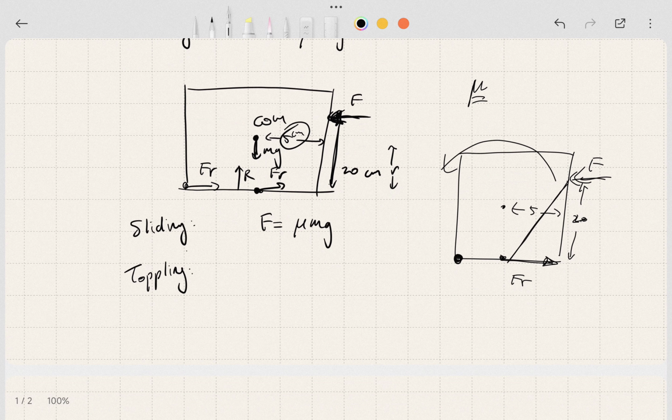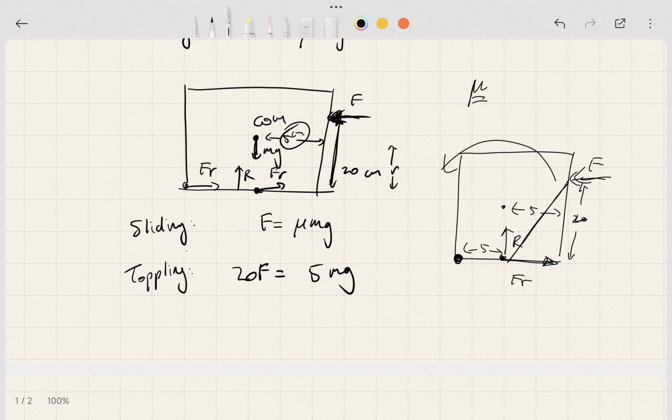So obviously, 20F is going to equal something. And this is going to equal 5 times mg, because there is a normal force acting like this.